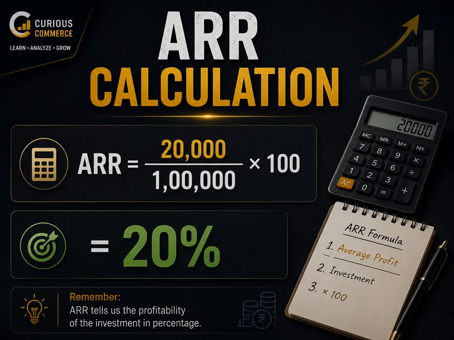Now, suppose company's required rate of return is 15%. Since the ARR is 20%, the project can be accepted. But if the required rate of return is 25%, then the project may be rejected. So, ARR helps the management to compare profitability.